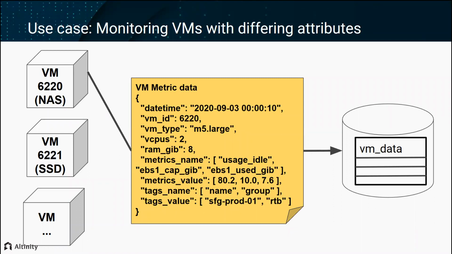So, for example, we have different types of metrics here, with values for each of them, that's in the metrics name and metrics value, and then tags. If you use Amazon, tagging is standard for VMs, but the tags have a wide range of possible names. In fact, they're anything that you care to make up. So arrays allow you to model this in a straightforward way.